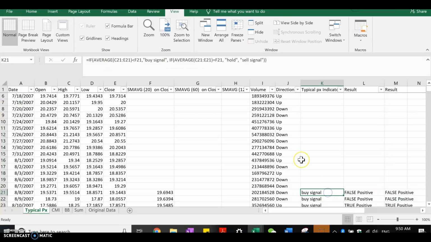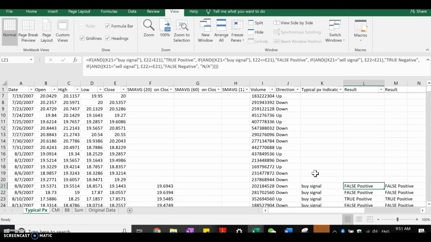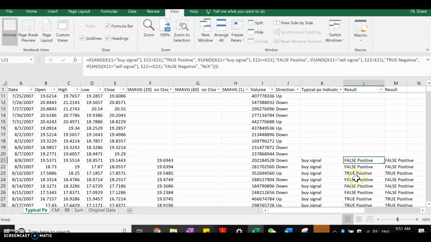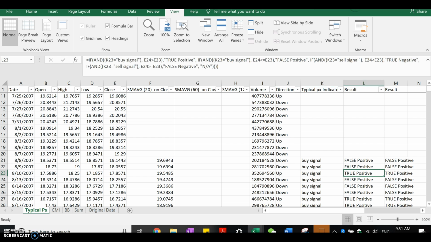When the indicator generates a buy signal and the true direction is going down, that means if I use this technical indicator, it's going to suggest a buy, but I'm going to lose money because the real direction is down. In this case, it's a false positive. And if it generates a buy signal and the price did really go up, then it's a true positive.